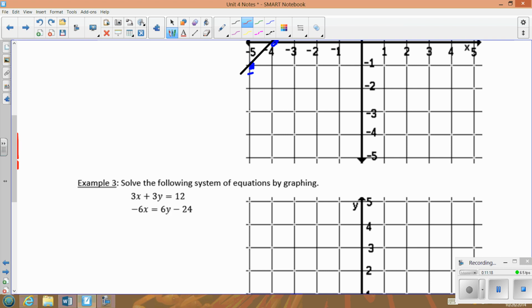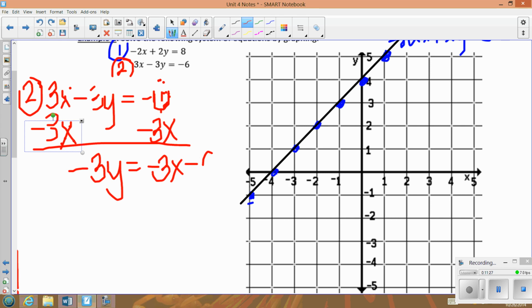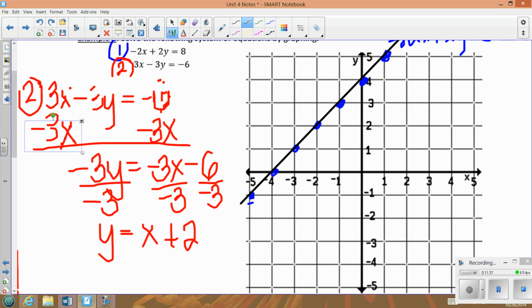So subtracting 3x, I have negative 3y equals negative 3x minus 6. Divide everything by negative 3 to get y by itself. So I have y equals x plus 2. Slope is 1, y-intercept is 2.